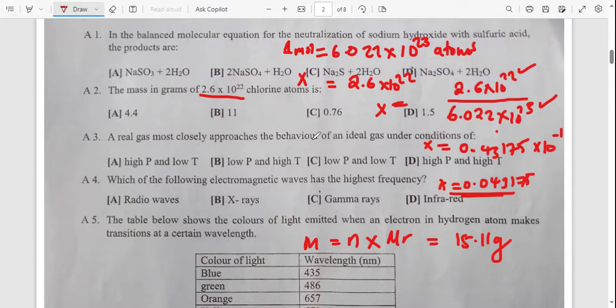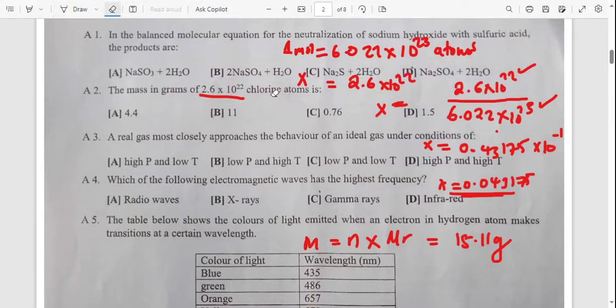So which one is going to be the answer here? This is 1.5, 0.76, 11, 4.4. Okay, let me do something. What have I missed out? Okay, I forgot to multiply by a certain number.